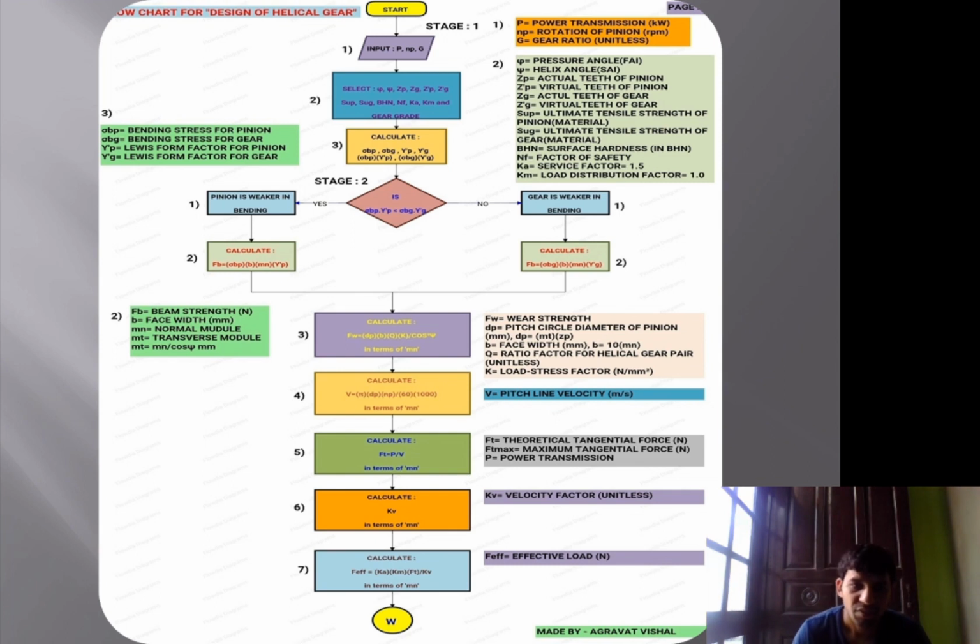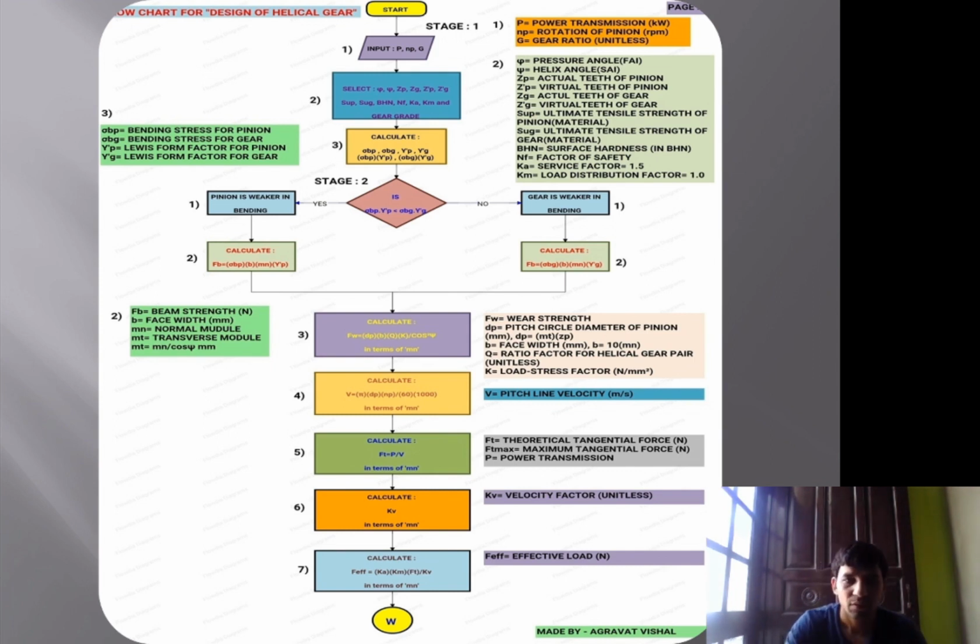After finding these values, we have to calculate F effective, the effective load on the tooth of the gear. F effective is equal to KA KM into FT divided by KV, where KA is the service factor and KM is the load distribution factor.